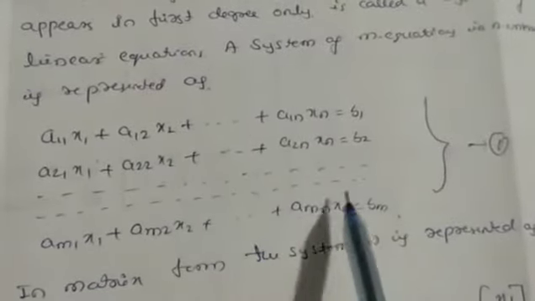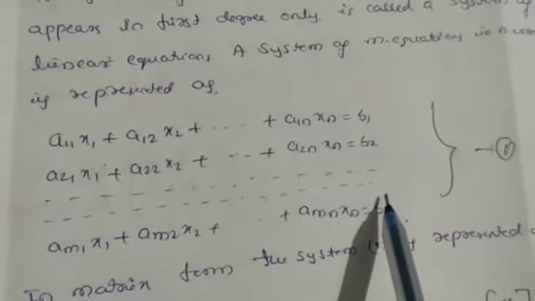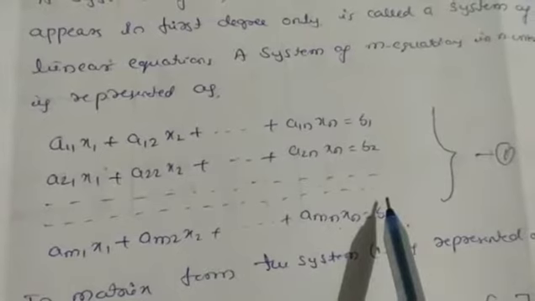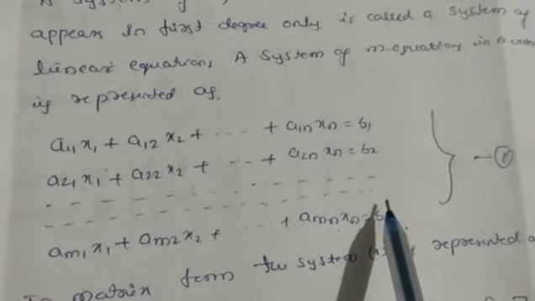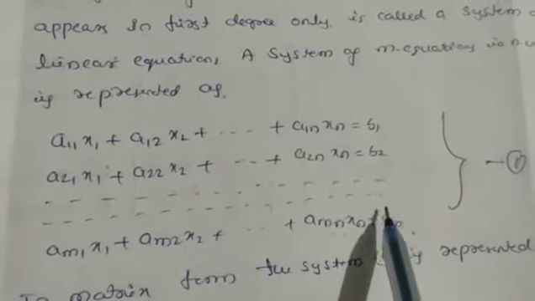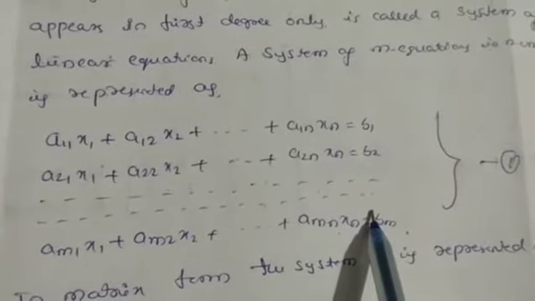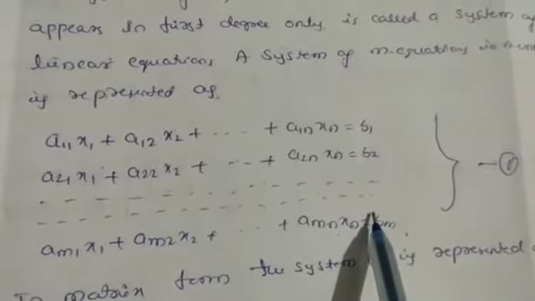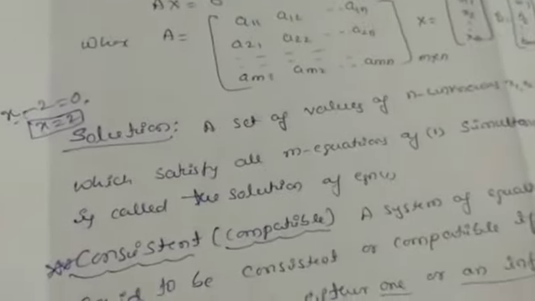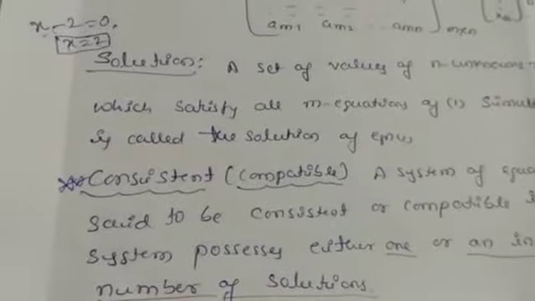If these equations have a solution, then we can say it is consistent. Some equations don't have any solution, and then we say it is inconsistent. So if the system of equations has one or infinite number of solutions, it is consistent, otherwise it is inconsistent. This is the definition of consistent. It is important.